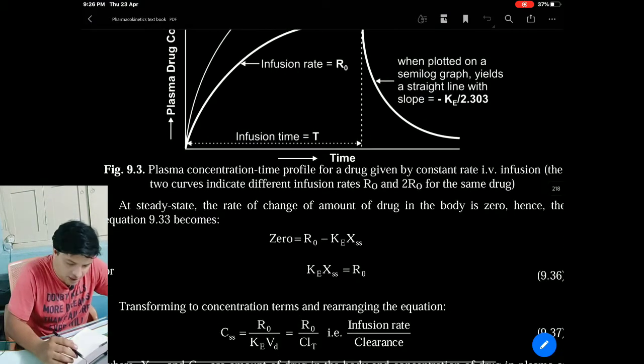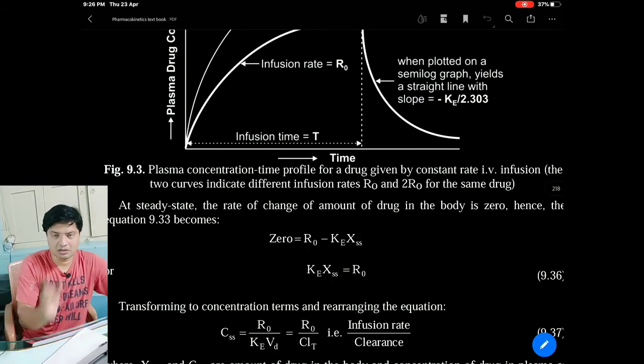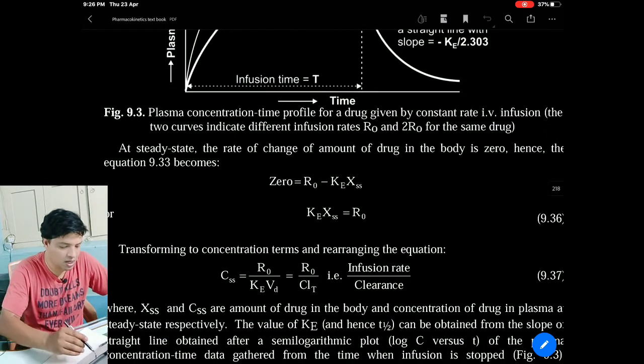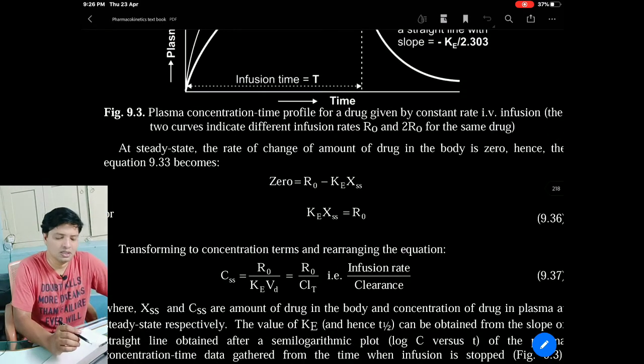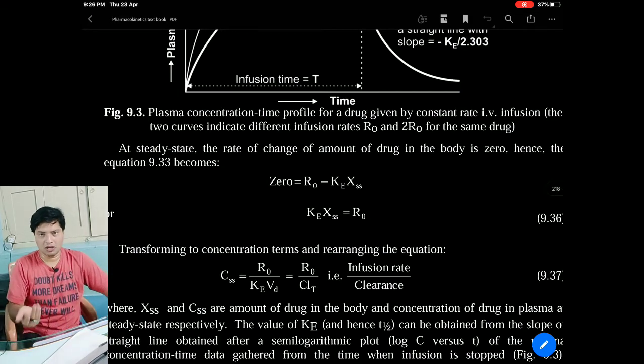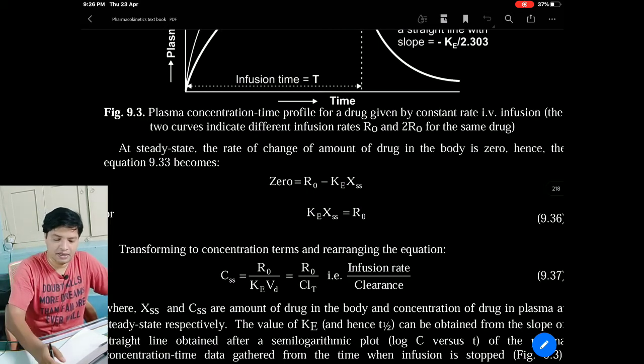The next part is that I want to get the equation for steady state. So now we are deriving the equation for steady state. For that, at steady state the rate of change of amount of drug in the body is 0. Steady state means whatever is incoming is equal to outgoing. Hence at steady state dx by dt will be 0.